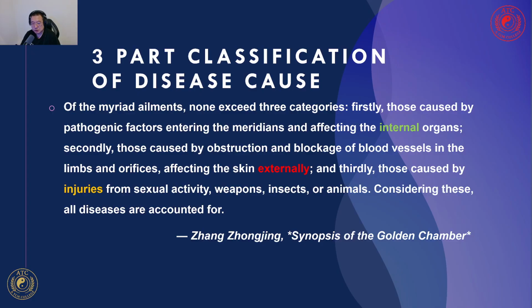Firstly, those caused by pathogenic factors entering the meridians and affecting the internal organs. Second, those caused by obstruction and blockage of blood vessels in the limbs and orifices affecting the skin externally. And third, those caused by injuries from sexual activity, weapons, insects, or animals. Considering these, all diseases are accounted for.